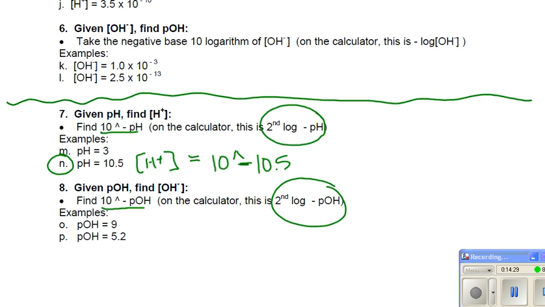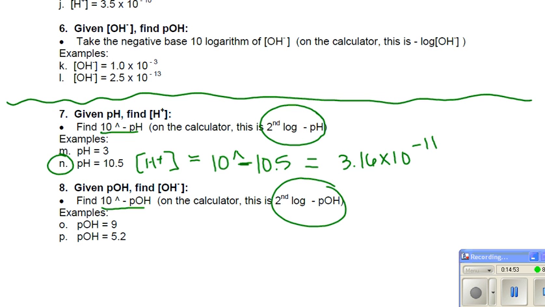And it's different from the minus sign, so make sure you hit negative. You hit enter in your calculator, and you get a concentration of 3.16 times 10 to the negative 11. Okay, now I just solved for hydrogen ion concentration. The exponent is negative 11.